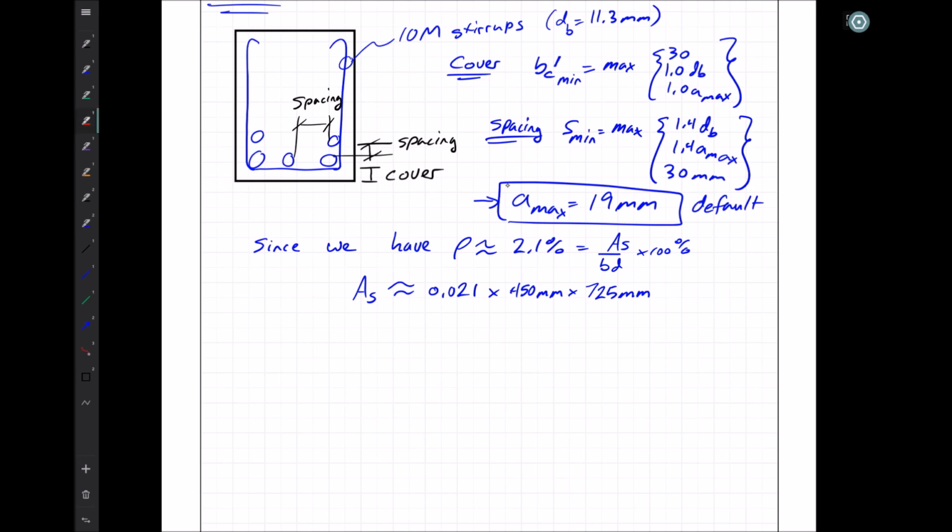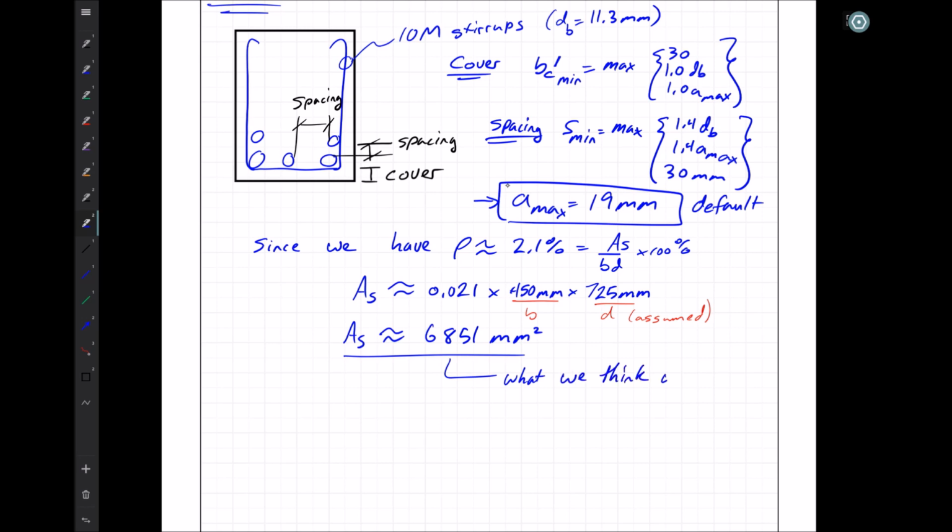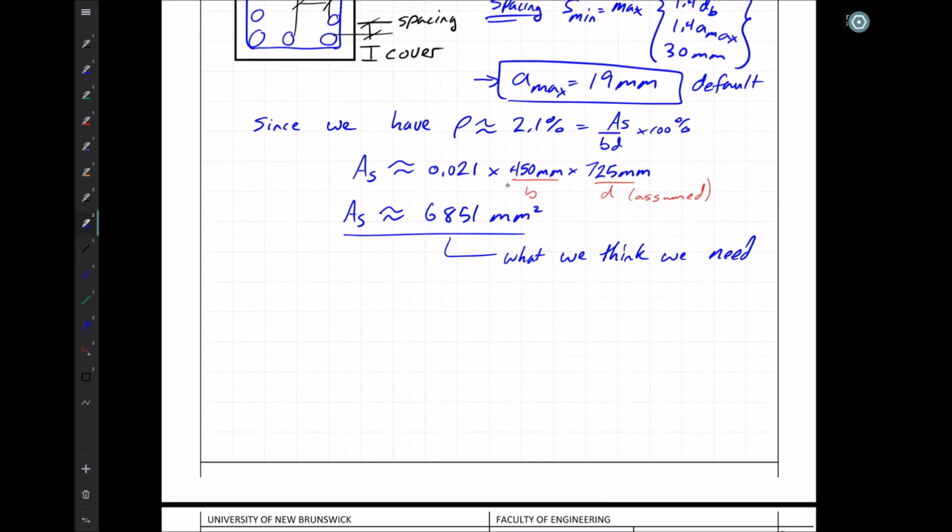And so here in these values, this is B and this is D, which is assumed. We don't know that for sure yet. So this means that we're looking to put in about 6,851 square millimeters of steel. This is what we think we need in there. But we're going to have to check that as we get the actual value of D.